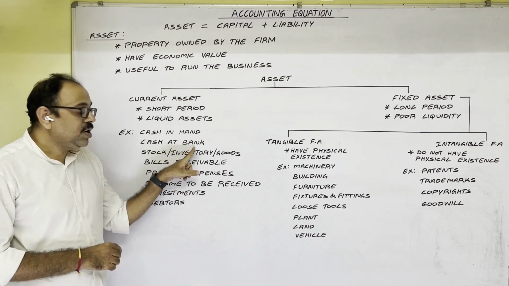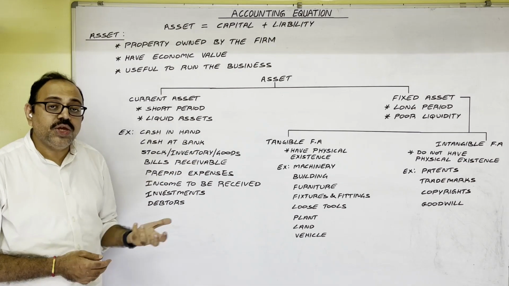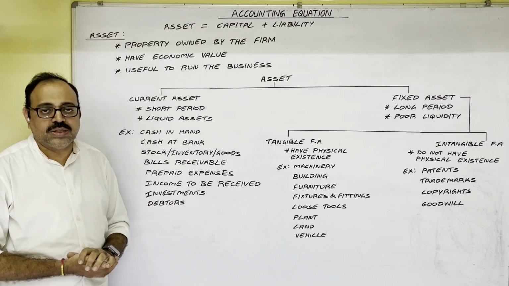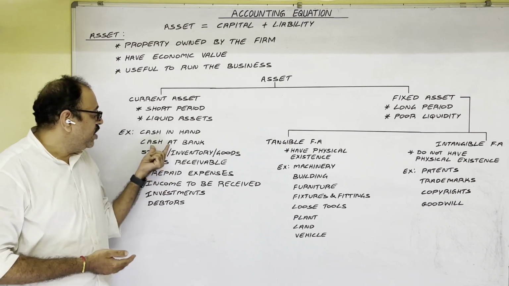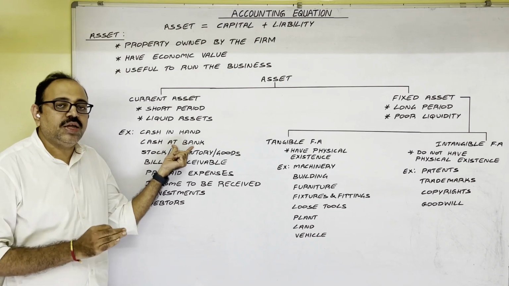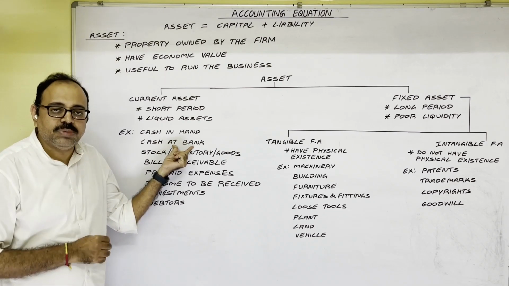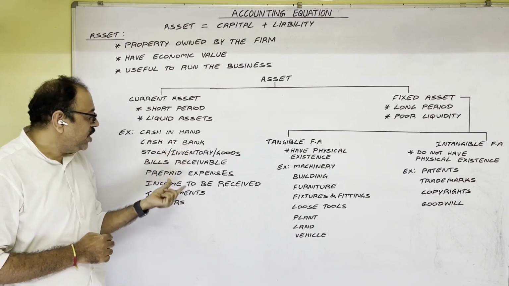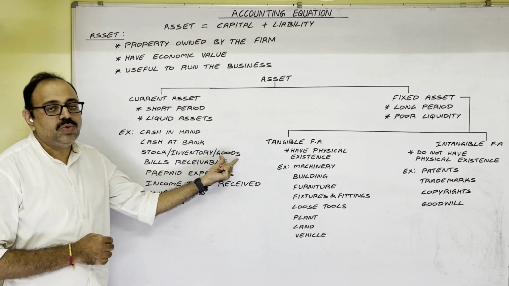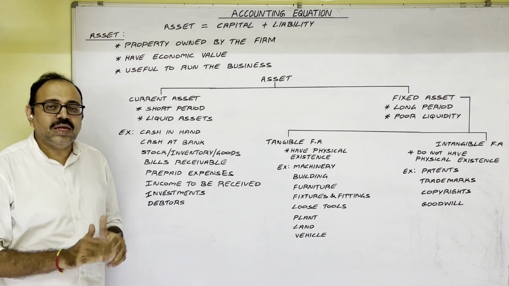Suppose in our bank account, we have some balance. So bank balance also we use to meet business expenses. We are going to use that amount within 1 year to meet day-to-day expenses, to pay salary, to pay electricity bill, etc. Suppose we have some goods with us. Goods means selling items. Suppose a stationery shop. They sell stationery items.